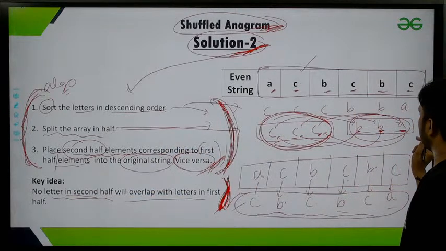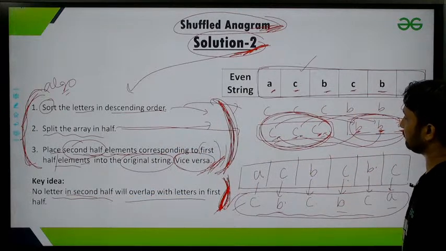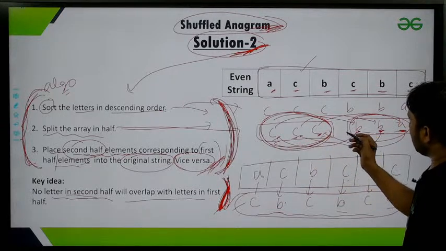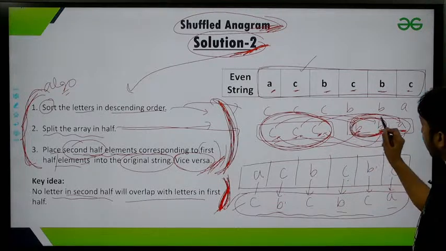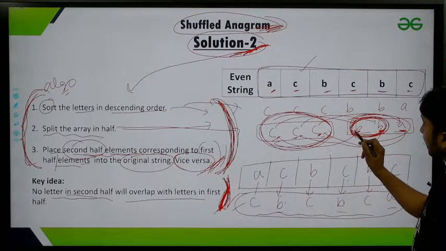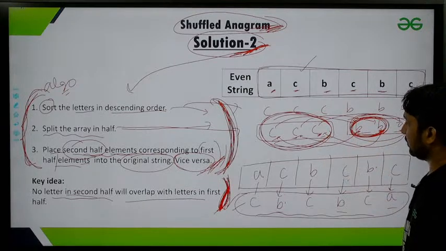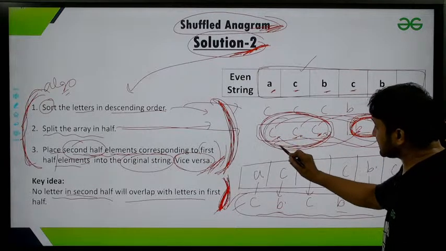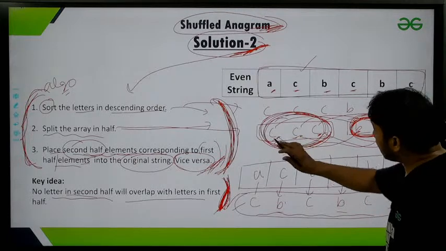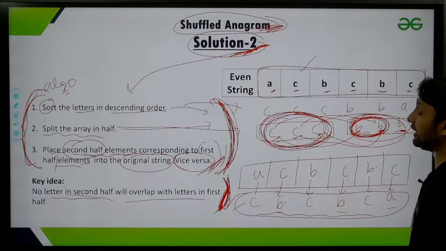See here, B, B, A we have. Here, C, C, C we have. So we have 2 B's here. These 2 B's are overlapping here in the second half. They are not in the first half. Similarly, these C, C, C are here in the first half, but there is no C in the second half.